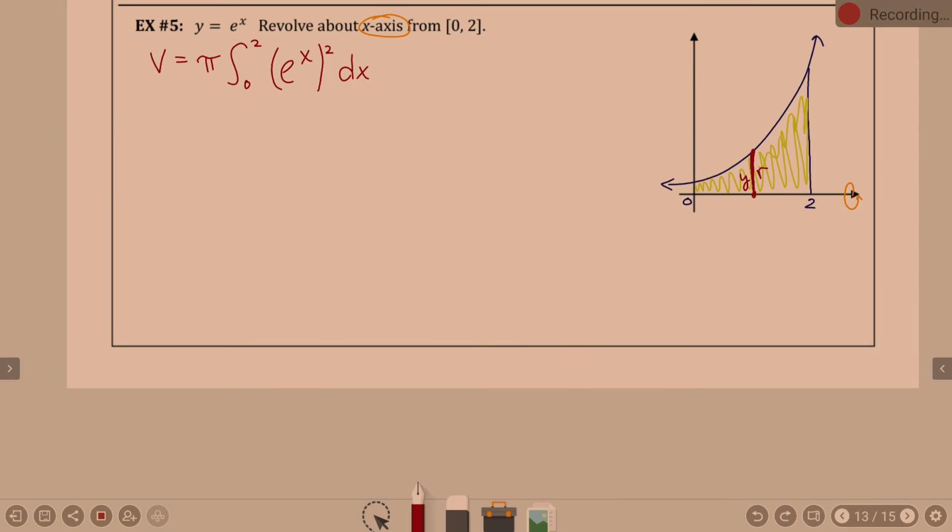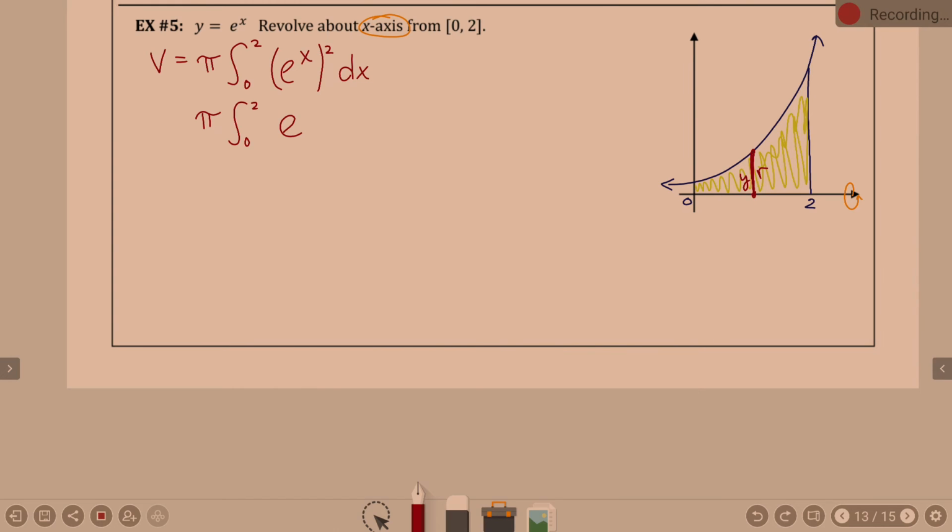Now, in order to be successful here, you need to understand what e to the x quantity squared is. What do you do with a power raised to a power? You multiply.